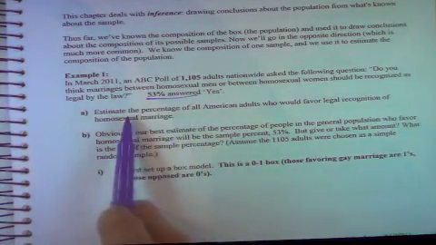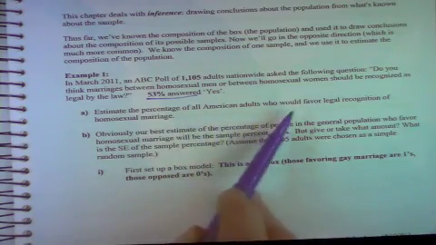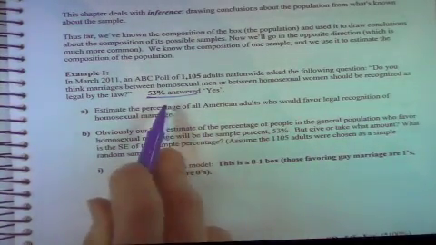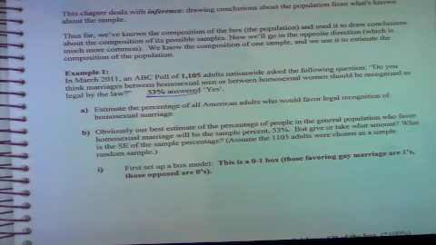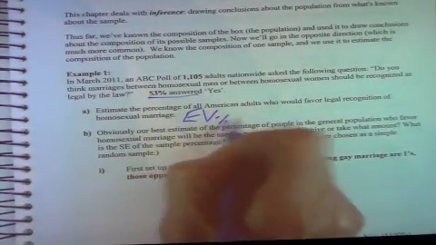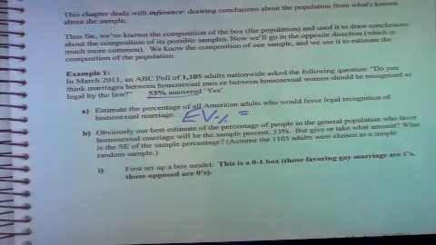So, estimate the percentage of all American adults who would favor legal recognition of homosexual marriage. If 53% of our sample favors it, what do you think we're going to put down there? 20%? 53, obviously. What else are we going to write? It's actually the expected value for the percent, and it's obviously 53, the same as our sample percent.